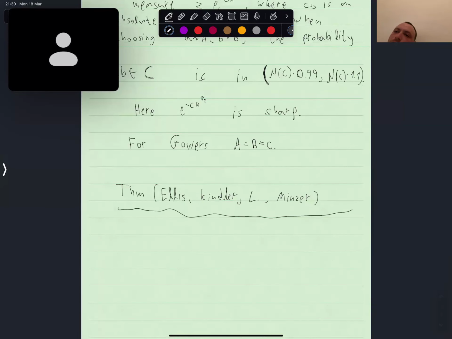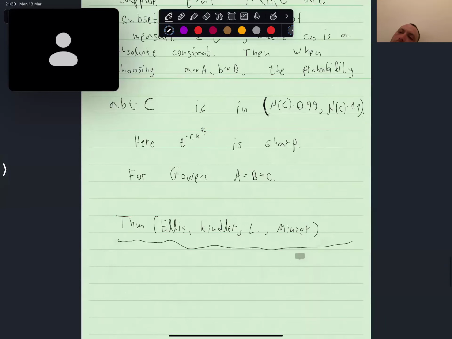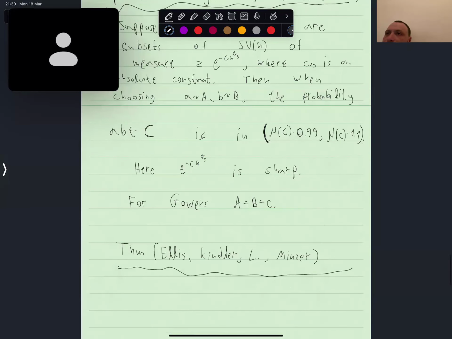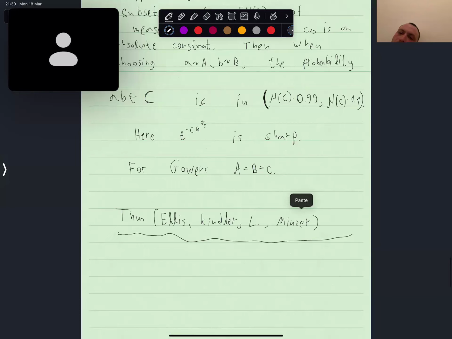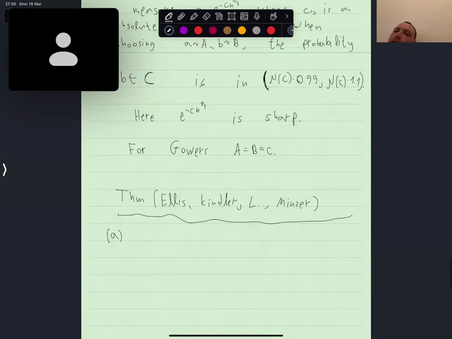So basically we proved several results, but I'll just state two. One of those results is that the product mixing conjecture is true.